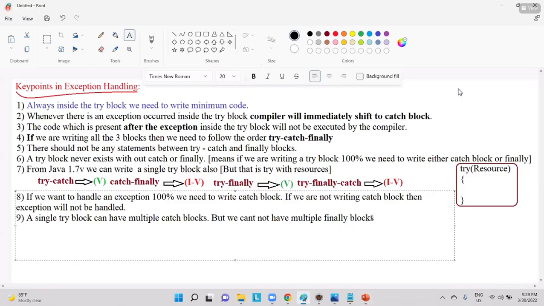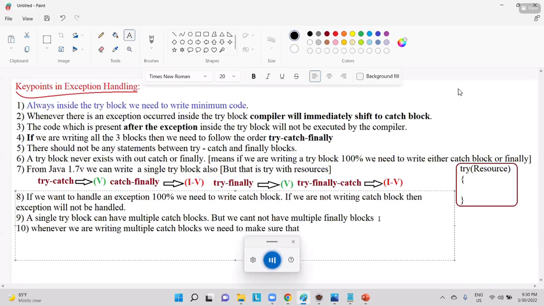Now, the point is, whenever we are writing multiple catch blocks, we need to make sure that there should not be any duplicate exception.